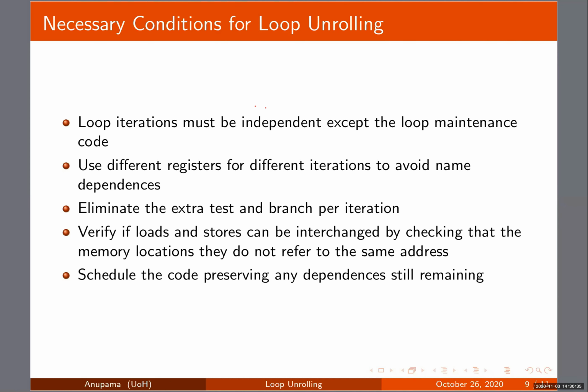So there would be write after write hazards, write after reads. Those need to be eliminated. So you make sure that the registers you use are not the same. Okay. Eliminate the extra test and branch per iteration. So instead of doing a test and branch per iteration, now you are doing test and branch for 4 iterations.